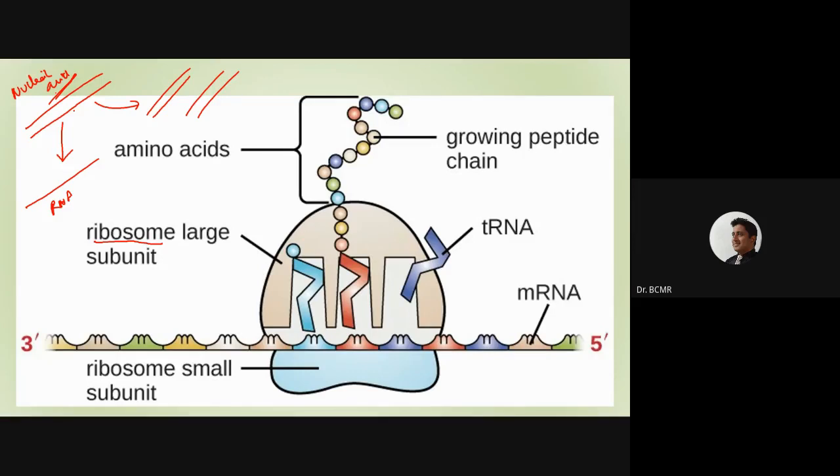But translation is much more complex, because you have a molecule in DNA, say, and then RNA is produced. From RNA, you are producing a protein. From the language of nucleic acids, you're coming to the language of amino acids, which is something amazing.